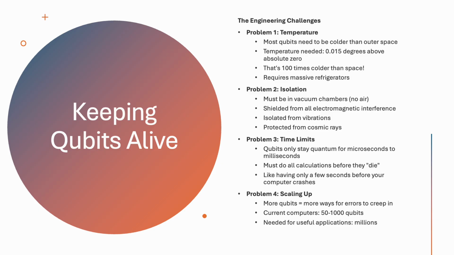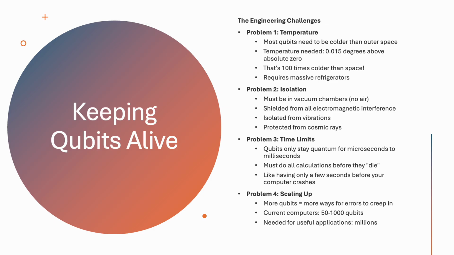Given how fragile qubits are, you might wonder how we manage to build quantum computers at all. The answer involves extreme engineering. Most current quantum computers operate at temperatures just a tiny fraction of a degree above absolute zero, about 0.015 degrees Kelvin.